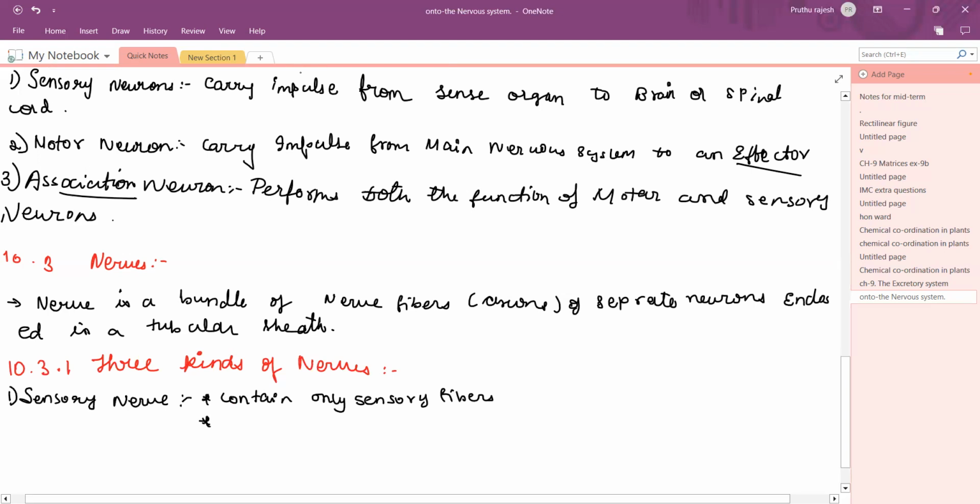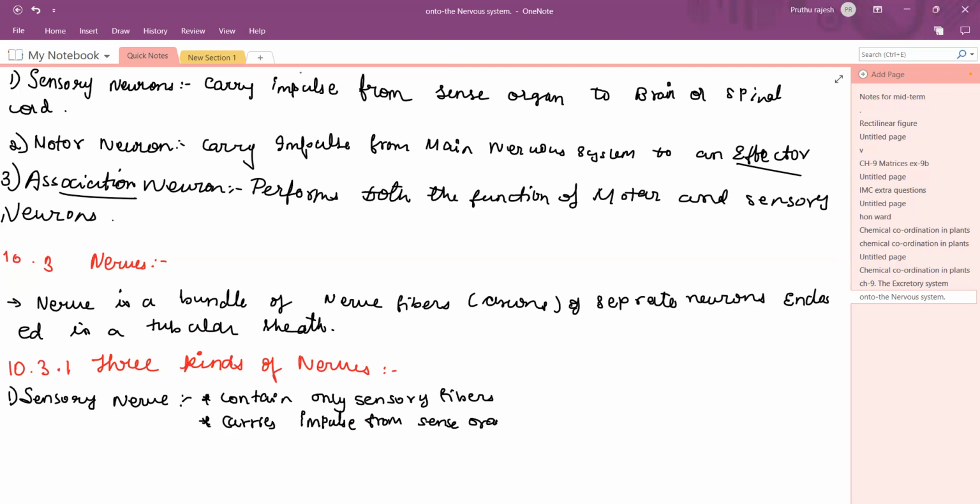Next point is they carry impulse from sense organs to the brain or spinal cord.